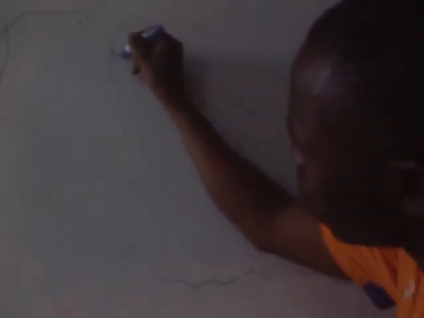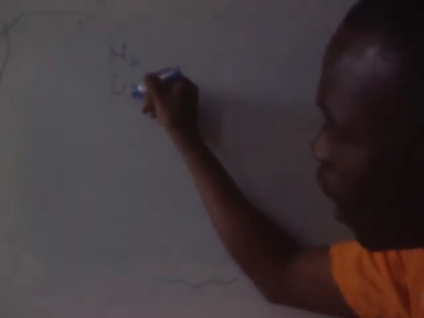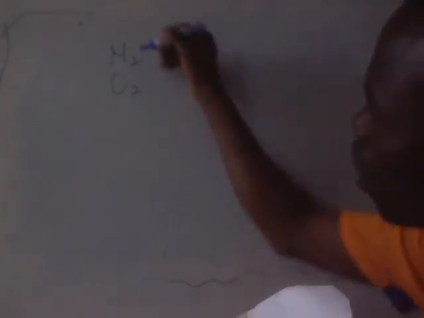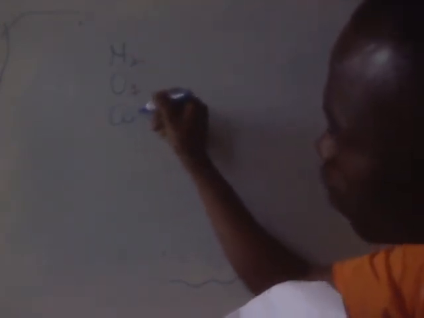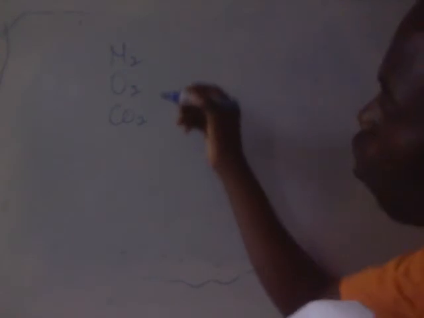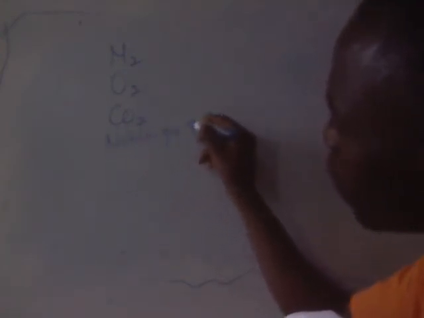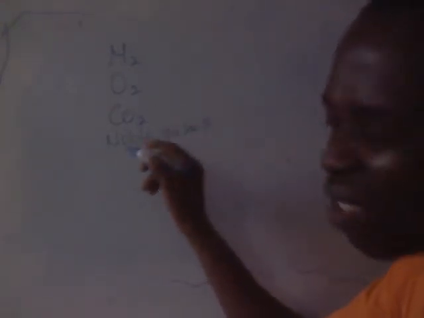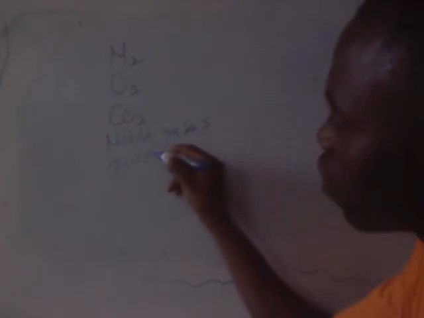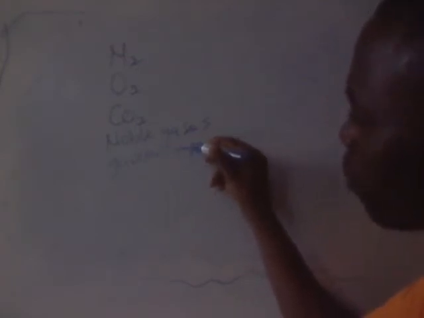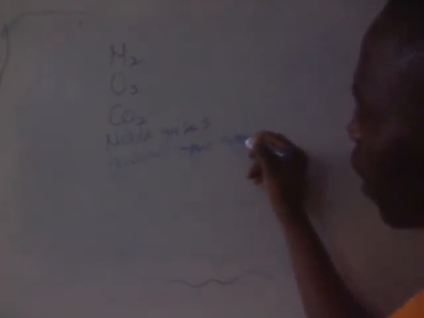We have nitrogen gas, oxygen gas, carbon 4 oxide gas, and noble gases. We also have gaseous impurities, like fine sand particles in the air that mix with air.